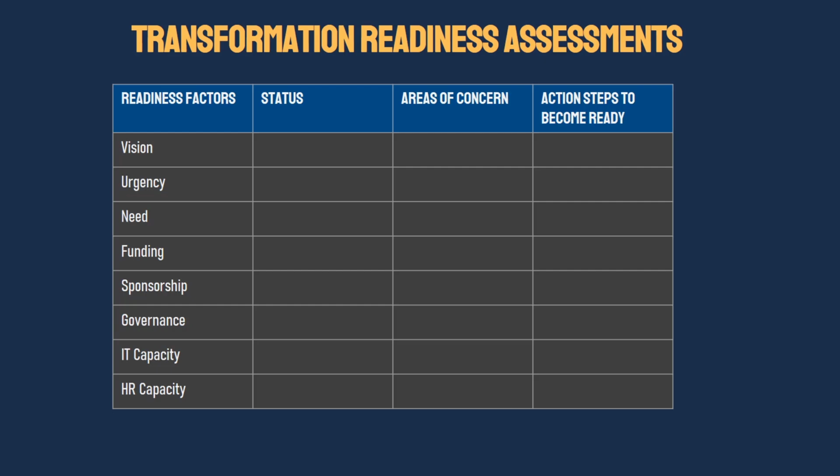When we use a chart like this, not only can we discuss the status of a readiness factor and the areas of concern, but we can also brainstorm some actions so that we can become ready. This prevents this type of workshop from becoming a compliance session and makes it a more productive session.